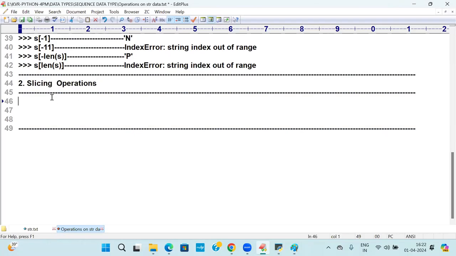Now I'm going to take up the slicing operation. Let us start talking about it. What do you mean by slicing?